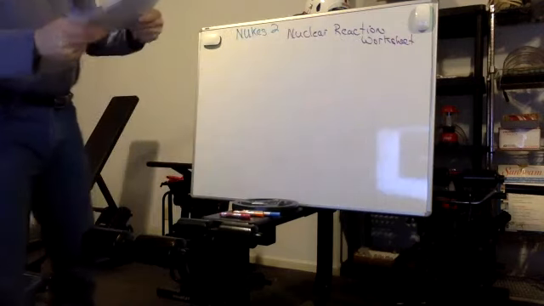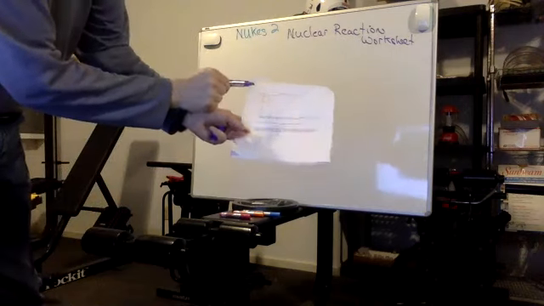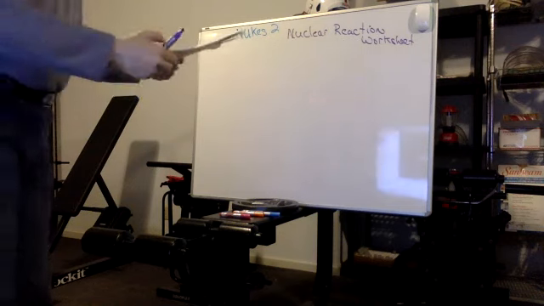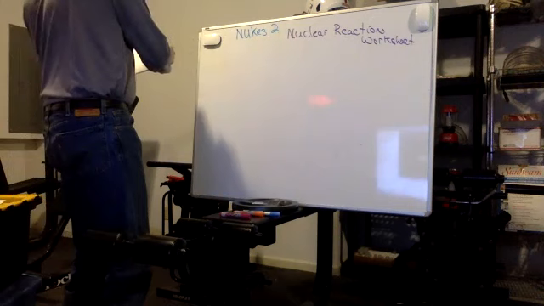If you're following along, it's a one pager, and that first one, problem number 1, is going to have polonium in it, Po.